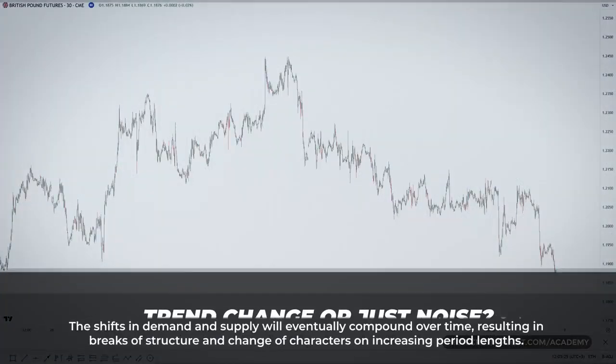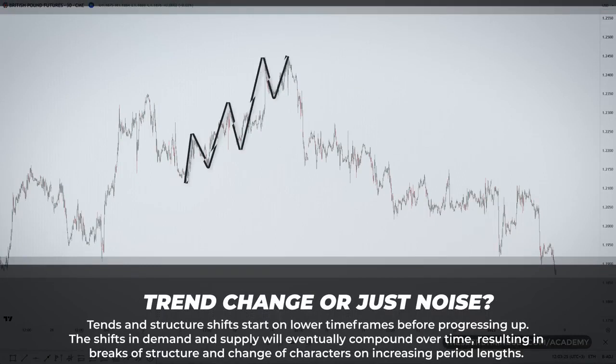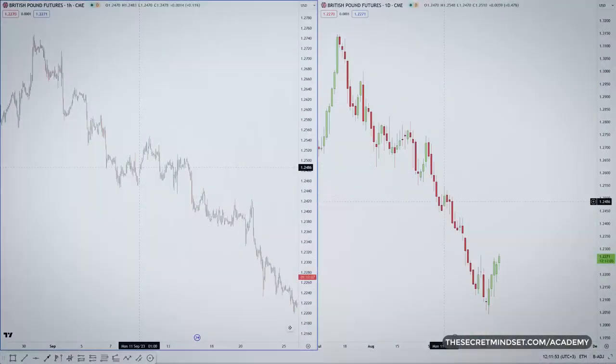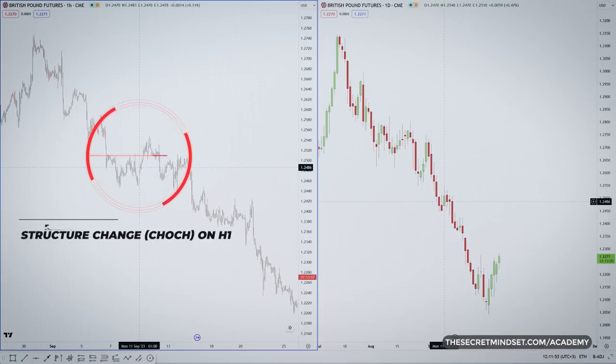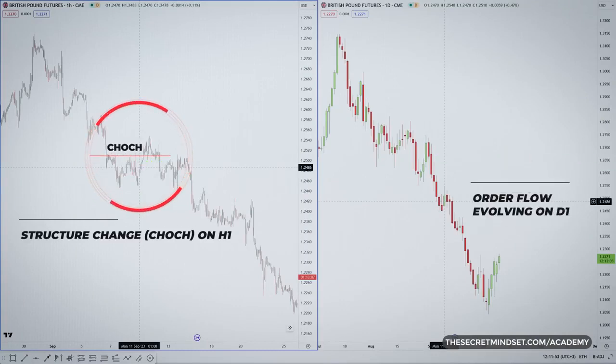Now, trends and structure shifts start on lower timeframes before progressing up. Even huge trends have to begin small somewhere, and those tiny shifts in immediate demand and supply will eventually compound over time, resulting in breaks of structure and change of character on increasing period lengths. So a structure change on the hourly timeframe may just be order flow evolving on the daily timeframe.